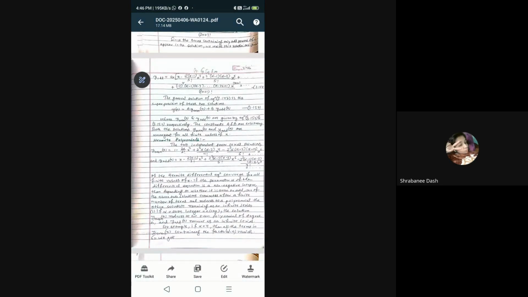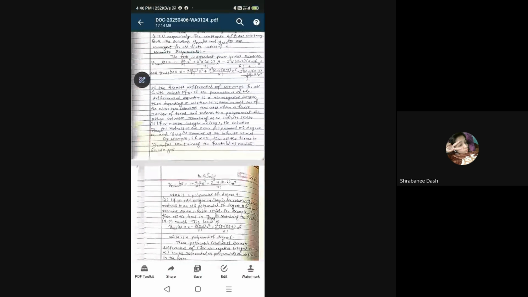Okay. So for a Hermite polynomial, you have n even and n odd, and the Hermite differential equation converges for all finite values of x. If the parameter alpha of the differential equation is a non-negative integer, then depending on whether it is even or odd, one of the above solutions discussed terminates after a finite number of terms and reduces to a polynomial.